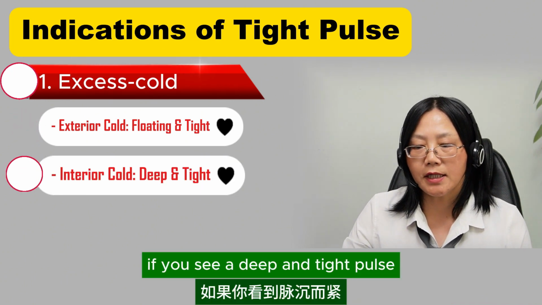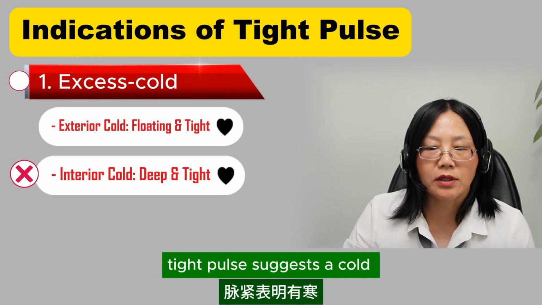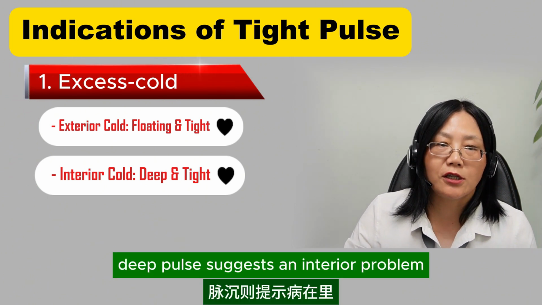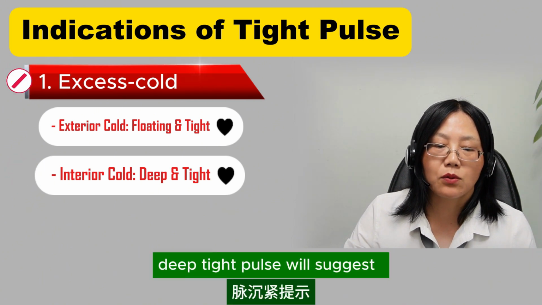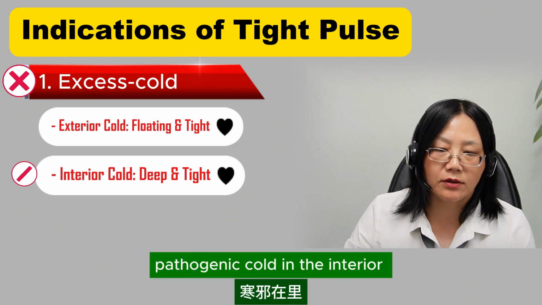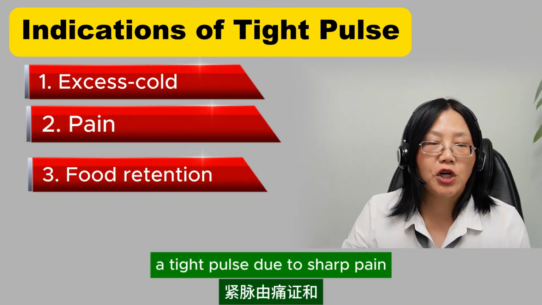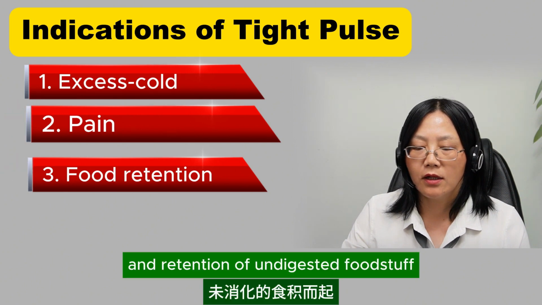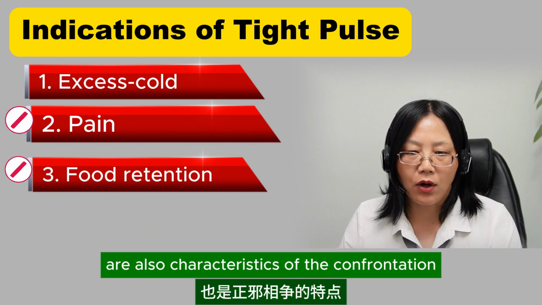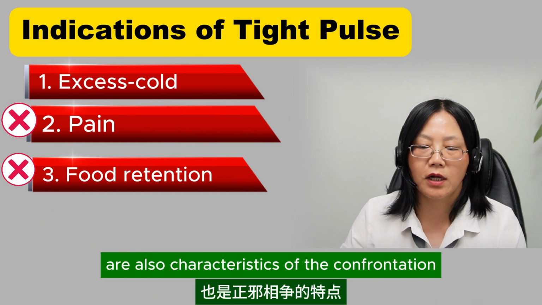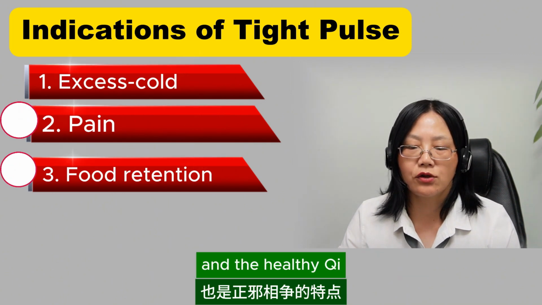If you see a deep and tight pulse, it suggests cold. A deep pulse suggests an interior problem. Put together, a deep tight pulse suggests pathogenic cold in the interior. A tight pulse due to sharp pain and the retention of undigested foodstuff are also characteristics of the confrontation between the pathogenic factors and the healthy qi.